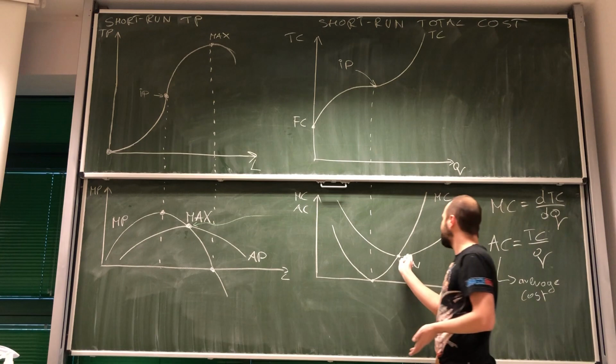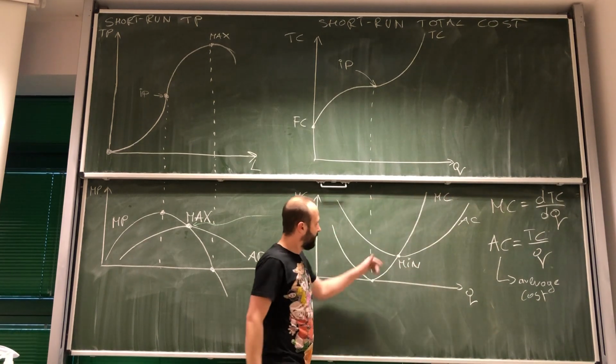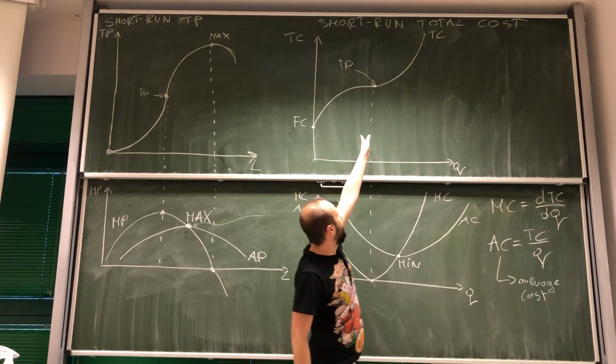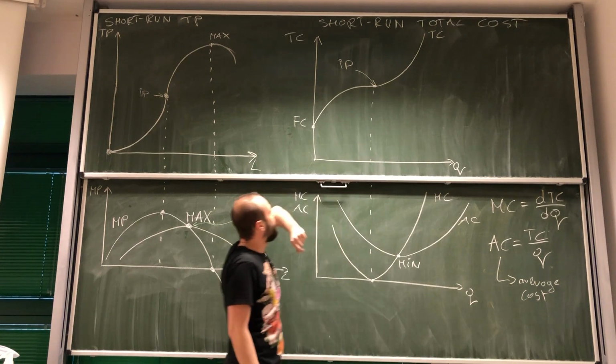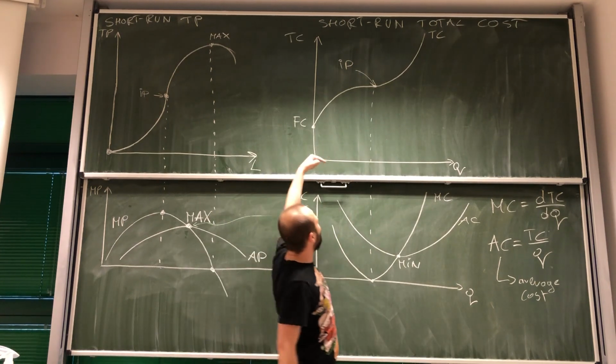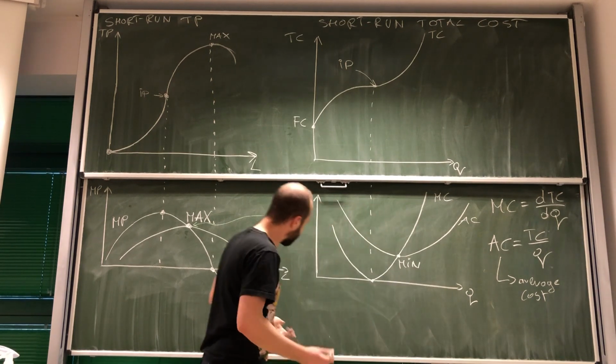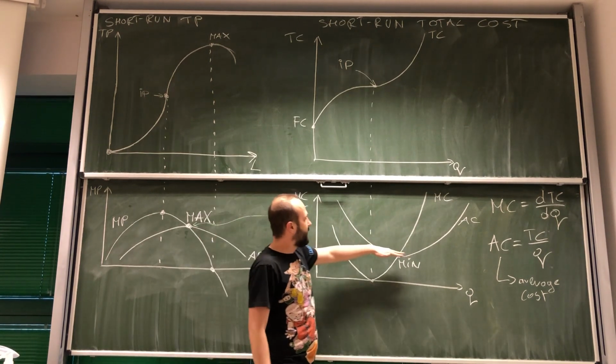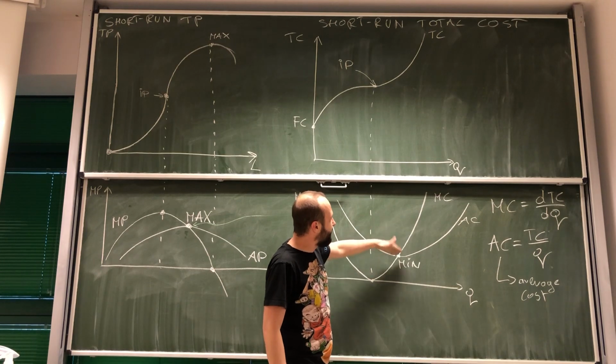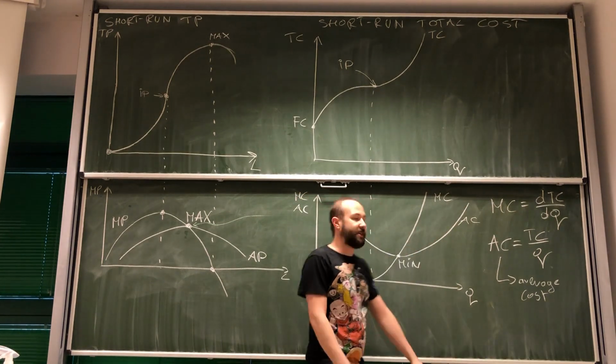But since a specific point, on the right side of the inflection point, we get total cost that is increasing faster and faster, we expect that average cost is going to be increased.